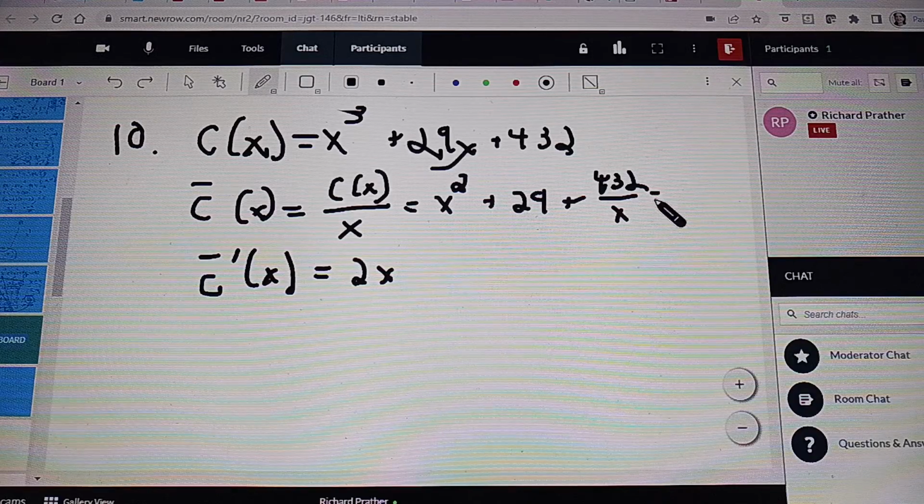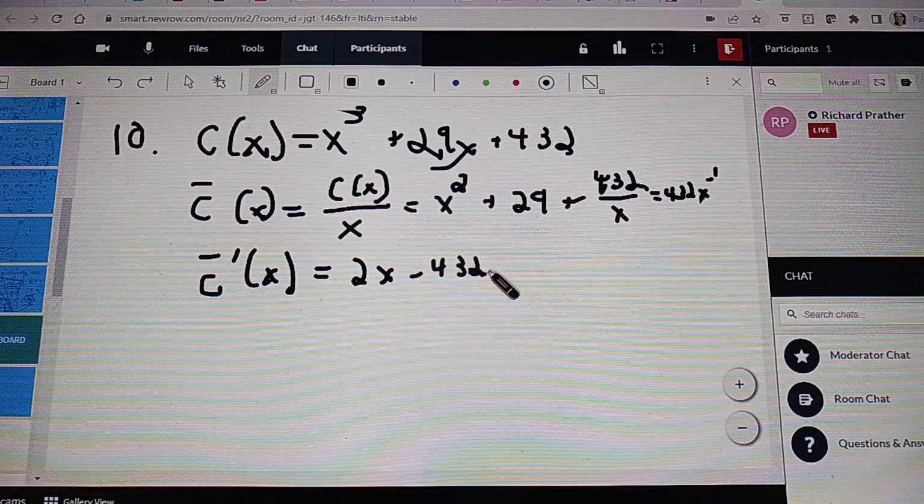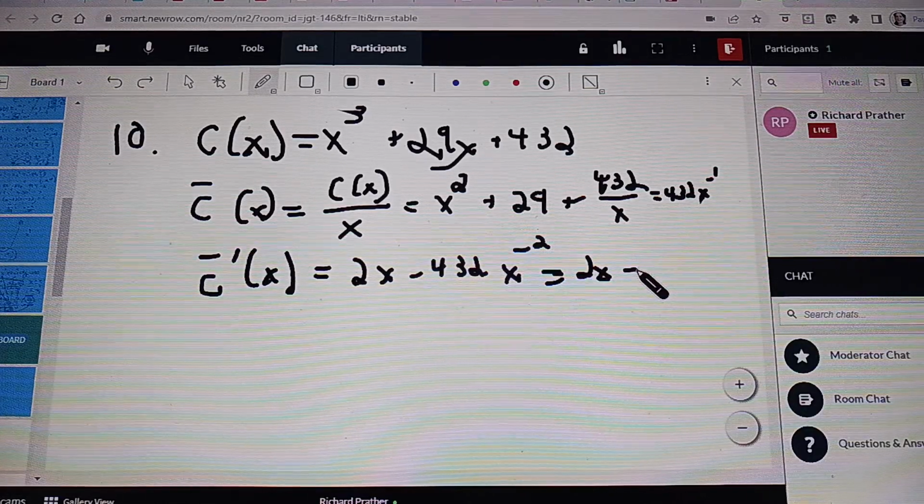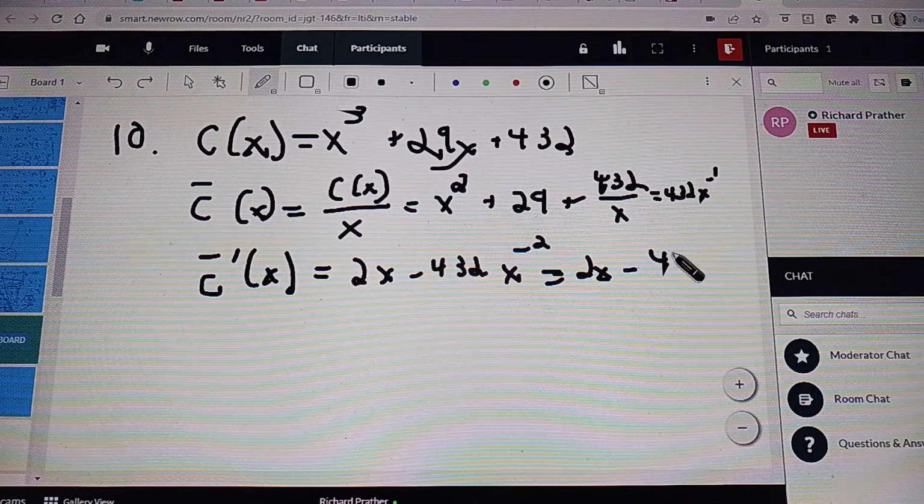And if you rewrite this term as 432 x to the negative 1, then the derivative of it would be negative 1 times 432, negative 432. x to the negative 1 minus 1 would be negative 2. Or we could rewrite this as 2x minus 432 over x squared. We had one like this earlier too.